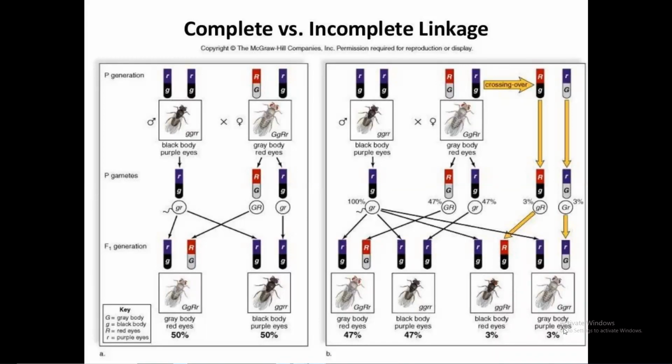Is this clear? Okay. So now you see the percentage, 47% of this combination, 47% of this combination, 3%, 3%. Is this cross following the 9:3:3:1 ratio?